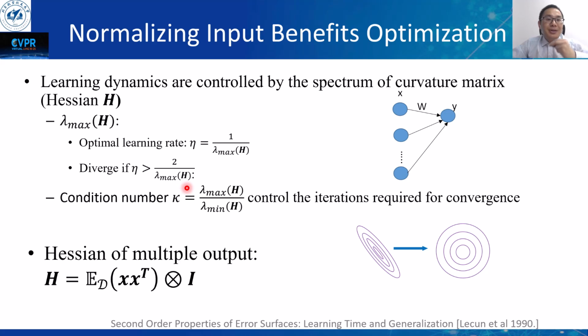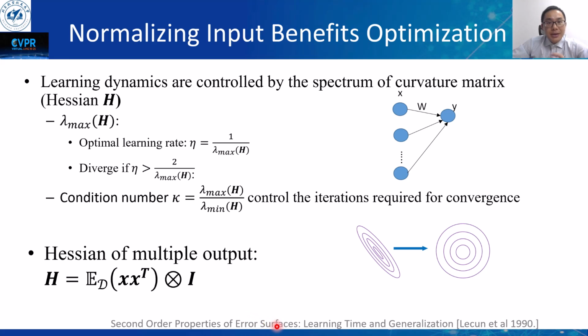Another important concept is the condition number, which is defined by the largest eigenvalue of the Hessian over its smallest eigenvalue. The condition number controls the iterations required for convergence. For more details of the concrete theoretical results, one can check Quinn's paper published in 1990.